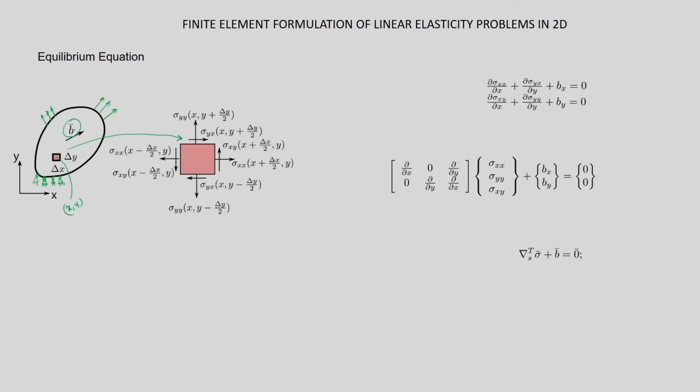In this case, B is defined as the force per unit area, so it is acting at every point on the body. If you multiply it with the corresponding area, we will get the body force acting at a given point. So this elemental area is also feeling that body force. Now this body force vector has two components. Along x axis it is Bx and along y axis it is By.